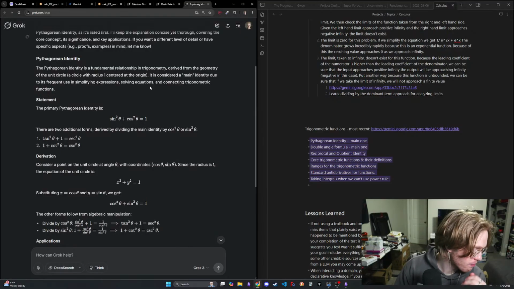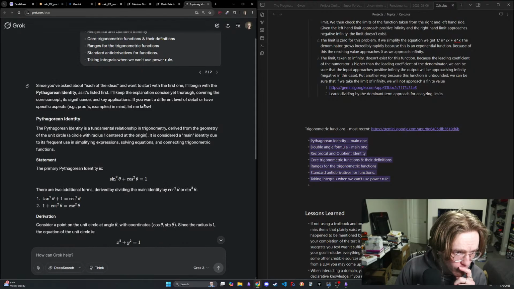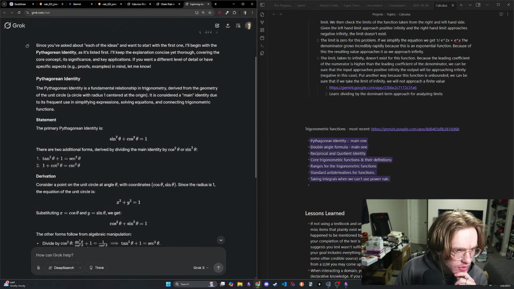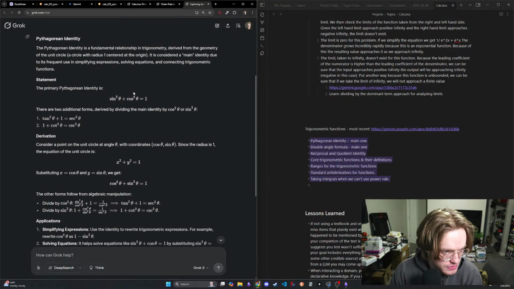Okay, the Pythagorean identity is a fundamental relationship in trigonometry derived from the geometry of the unit circle. It's considered the main identity due to its frequent use in simplifying expressions, solving equations, and connecting trigonometric functions.